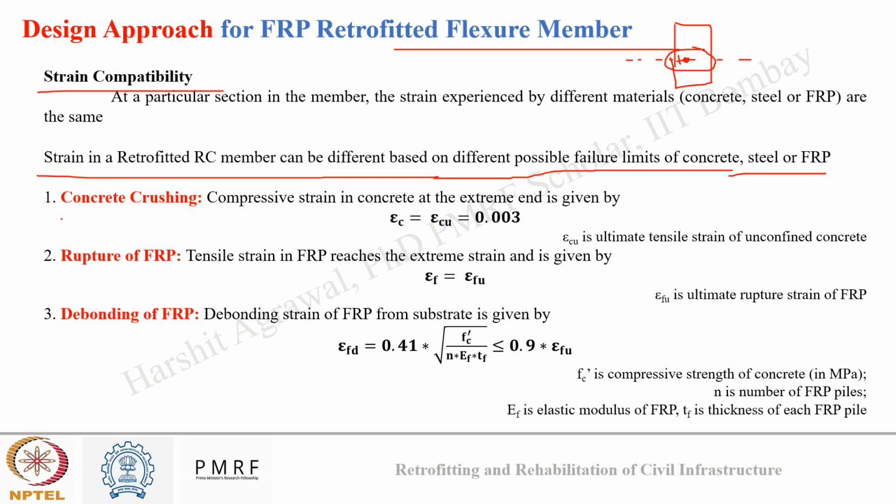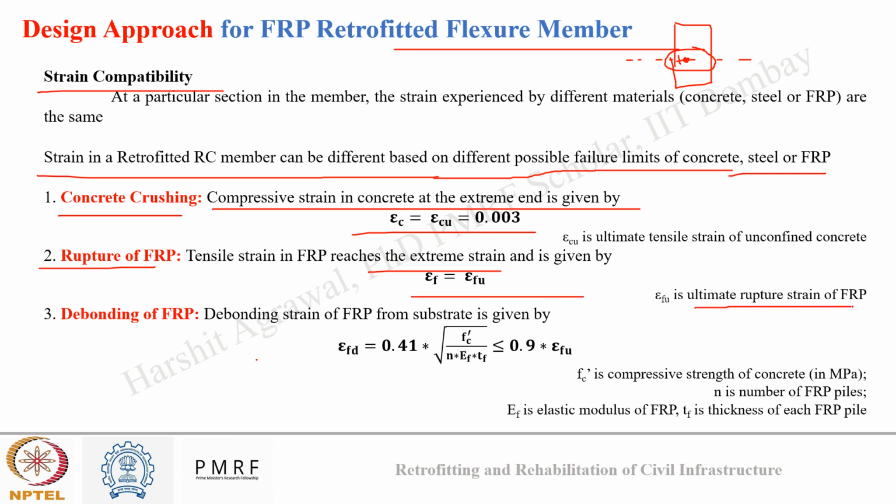Okay, so if there is concrete crushing, the compressive strain in concrete at extreme end is given by this value: epsilon C is equal to 0.003, where epsilon C is the ultimate strain of unconfined concrete. If there is rupture in FRP, the tensile strain in FRP reaches the extreme strain, and it is given by epsilon FU, which is nothing but the ultimate rupture strain of FRP.